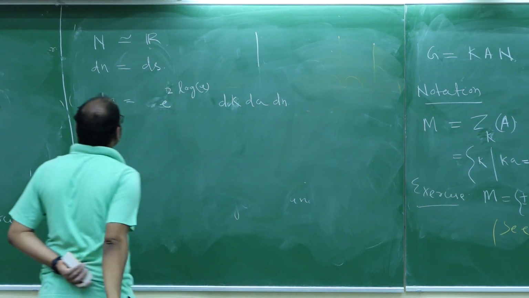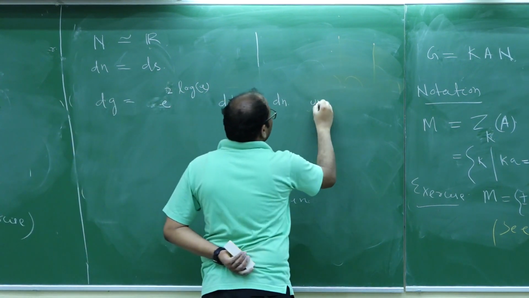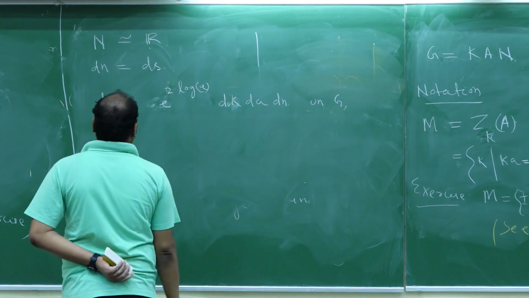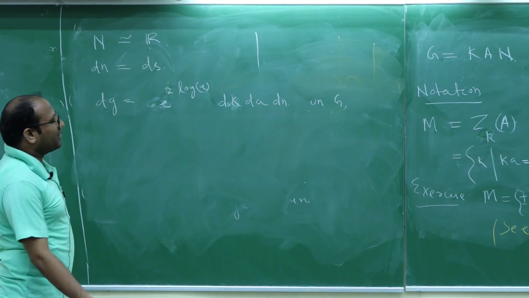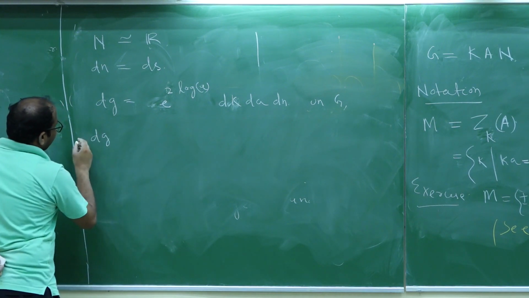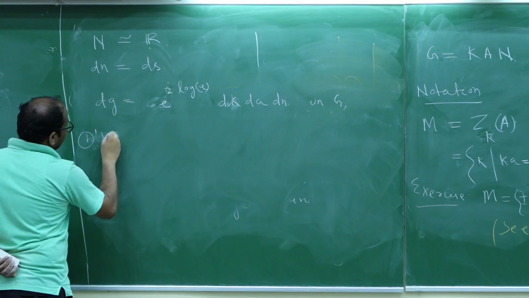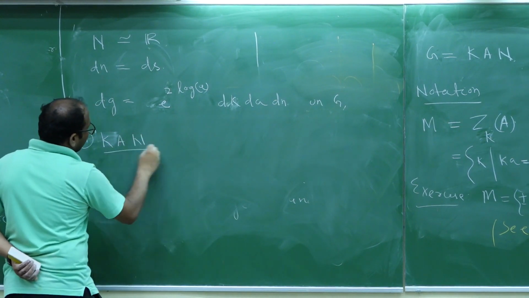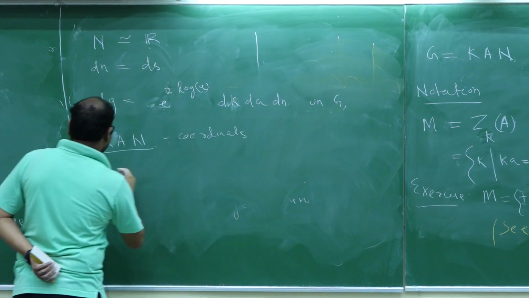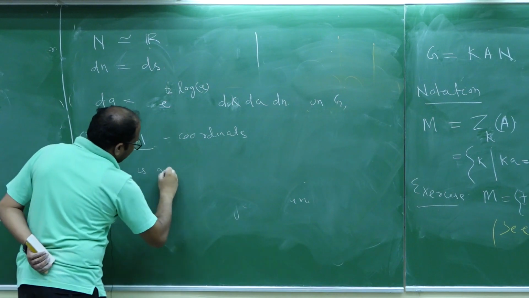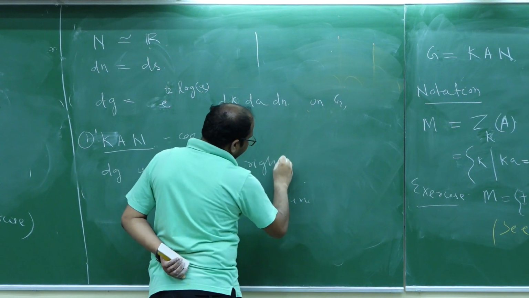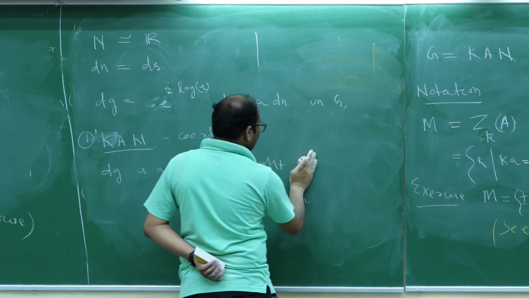This is a measure on G, in k a n coordinates. And this measure is left invariant and right invariant. What does that mean? So dg is a left and right invariant measure.